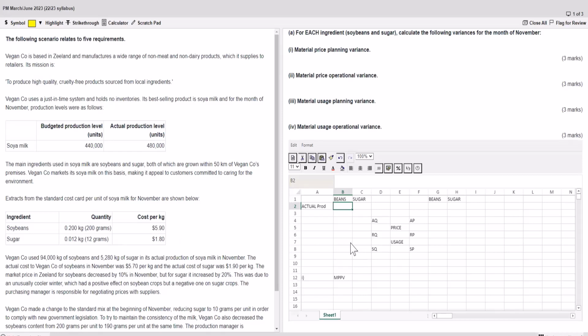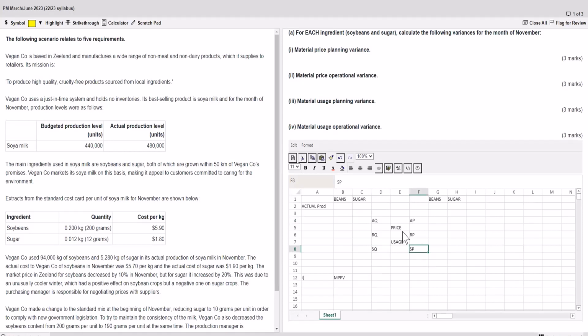So what we need to do is set up what the price variance is and the usage variance is. The price variance is the difference between the actual price and the standard price times the actual quantity. The usage variance is the actual quantity versus the standard quantity times the standard price.